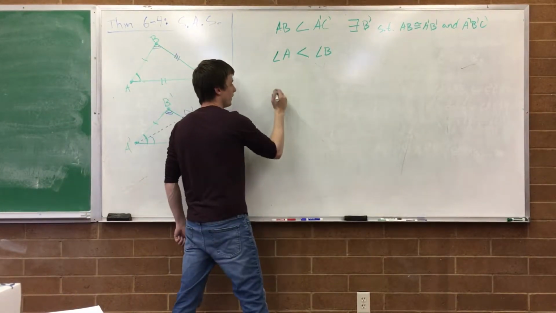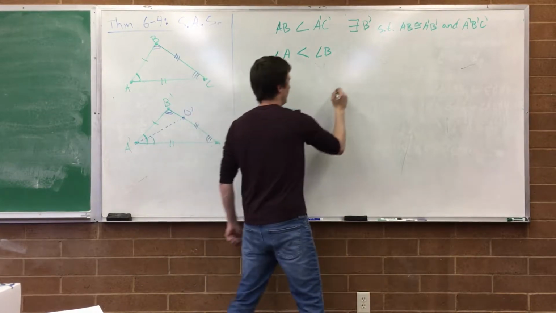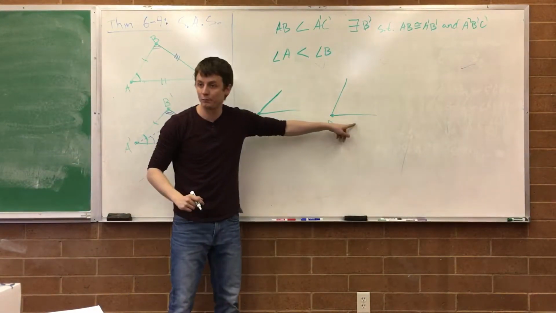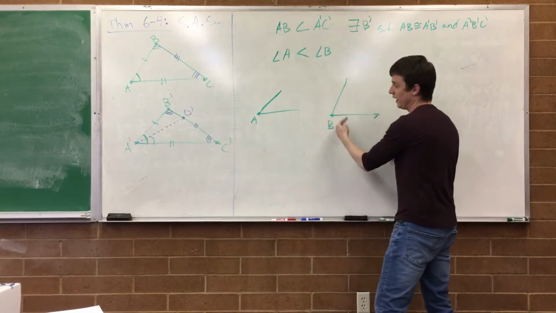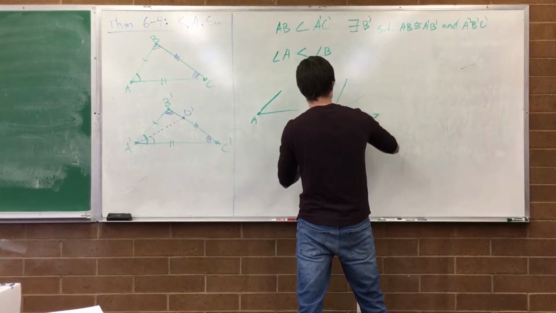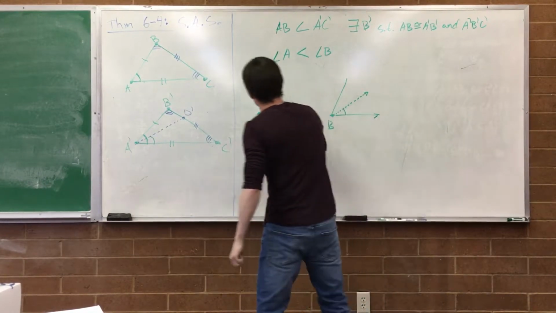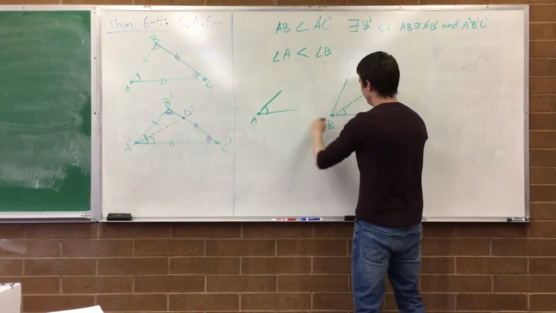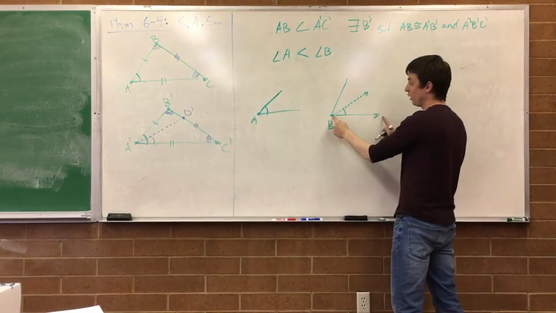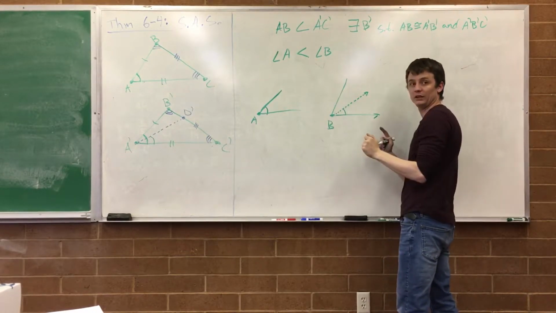It means that if I have, so here's my angle A. Here's my angle B. I can come to my angle B, pick one of its rays, and from that ray construct an angle congruent to angle A, maybe in dotted line, on the interior of angle B, and the other side ends up on the interior of angle B. So when I come to this ray right here, I'm going to draw an angle congruent to angle A, so that its other side is on the same side of this ray as angle B's other side.